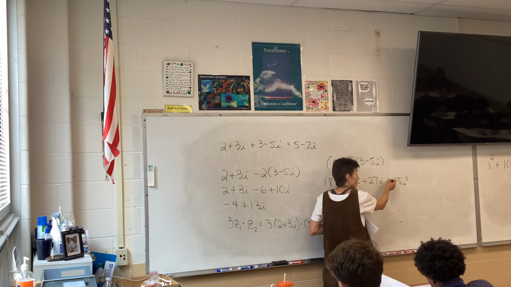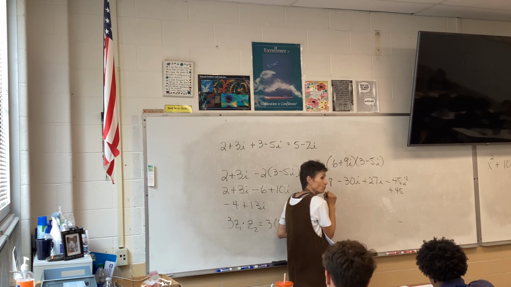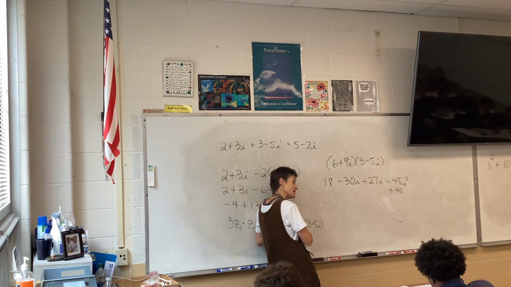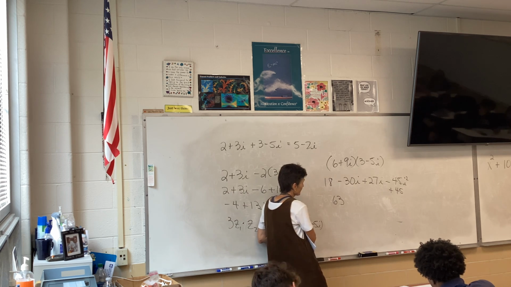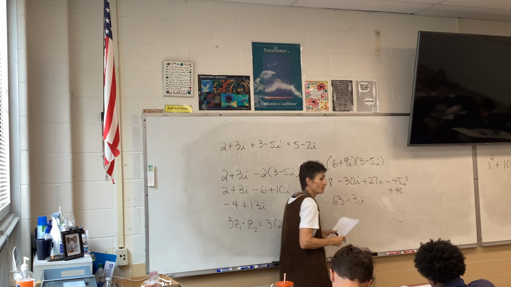This becomes plus 45 because i squared is negative 1. 45 adds to 18 and makes 63. And those two add together to minus 3i. Is that okay with everybody?